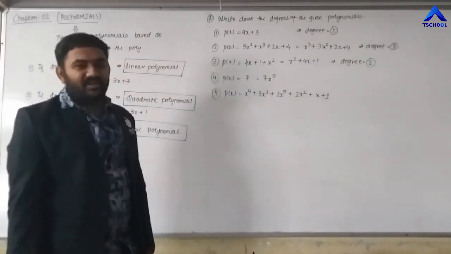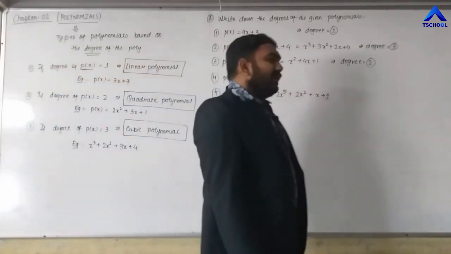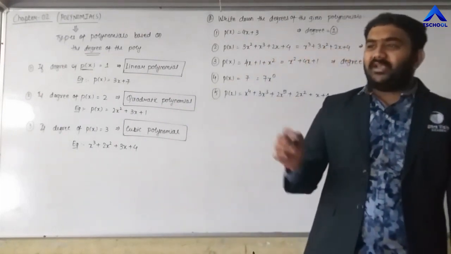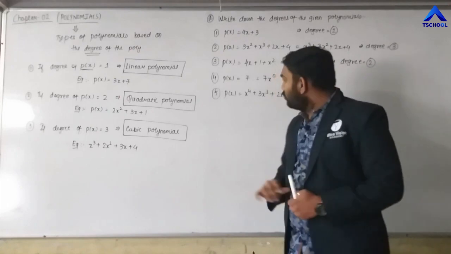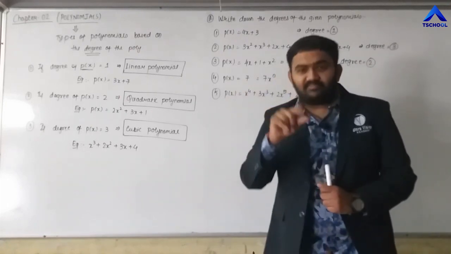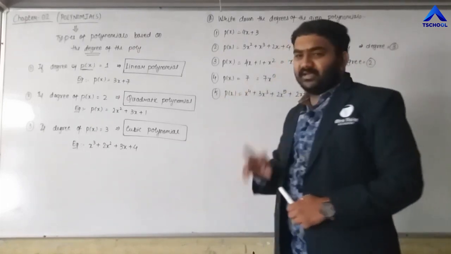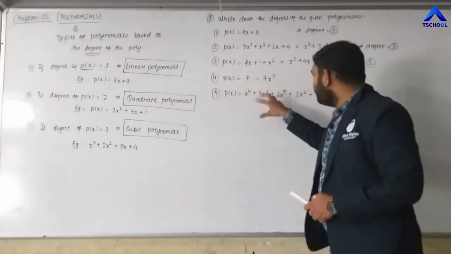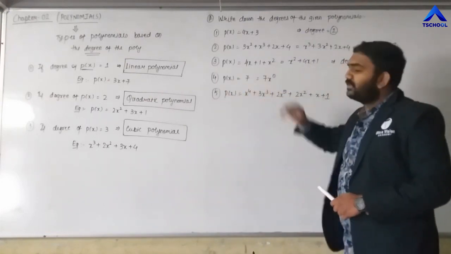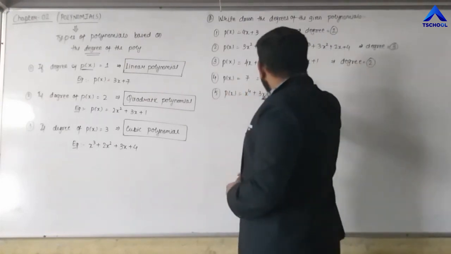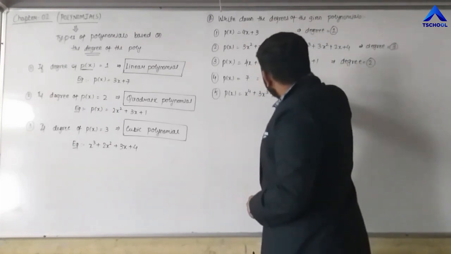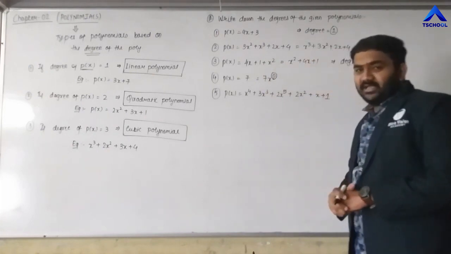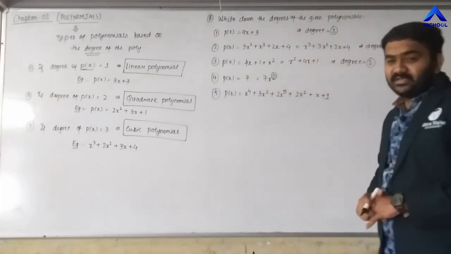As I said earlier, any variable having its power as 0 is referred to as 1. So this 7 can be written as 7 into 1, and that 1 is now referred to as x raised to 0. Now see here, the degree, the power of this variable here is 0.